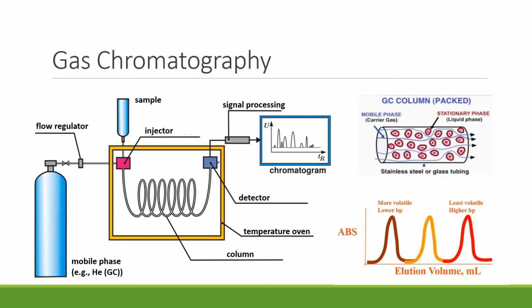Each component then is going to emerge at the end of the column and move past the detector, which can sometimes actually be another instrument called a mass spectrometer, or mass spec, which can help identify and print out the peaks onto this chromatogram. The final chart is just the series of peaks, which will end up showing us all the substances that were in the mixture.